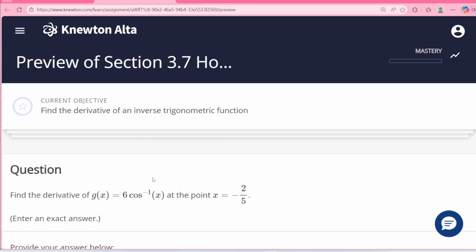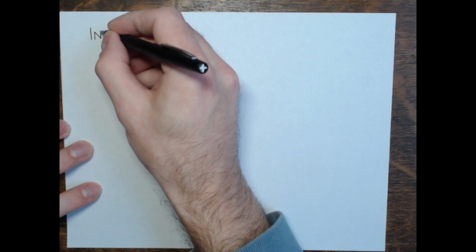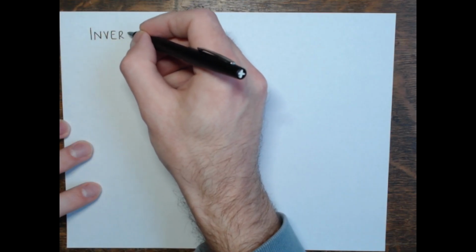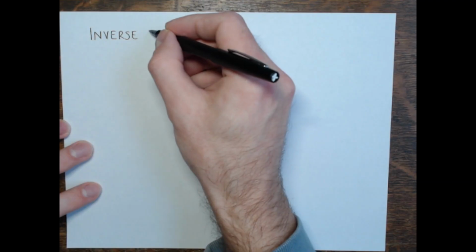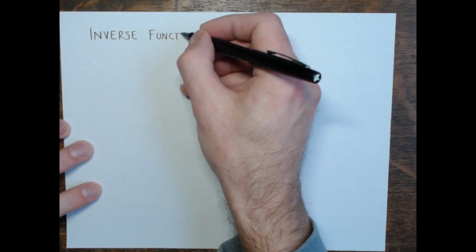So before I get into the question, I want to do a little discussion on the derivatives of inverses and then specifically these inverse trig functions. So inverse functions.